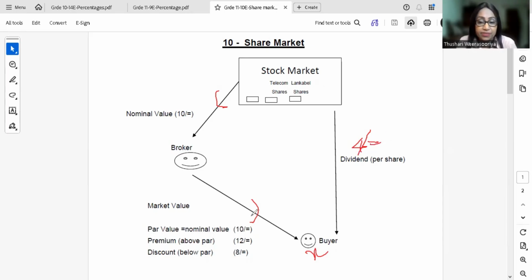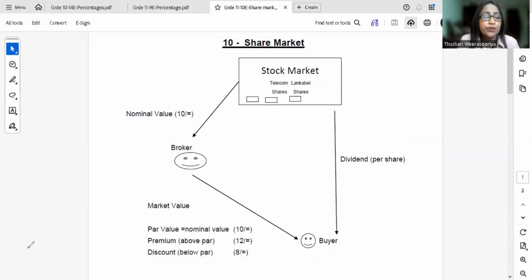Okay, dividend means the profit, but we don't call that profit. In the share market lesson, we call that dividend. That's a brief idea about the share market, right? Within 1 minute, I gave what is share market. This is the easiest lesson in grade 11.